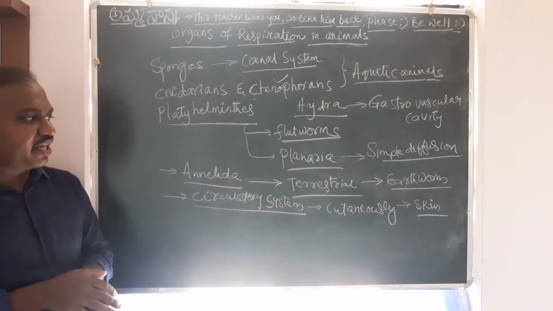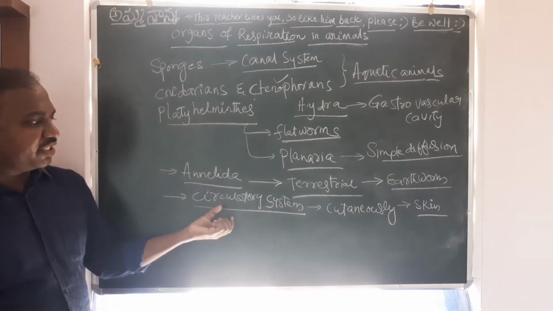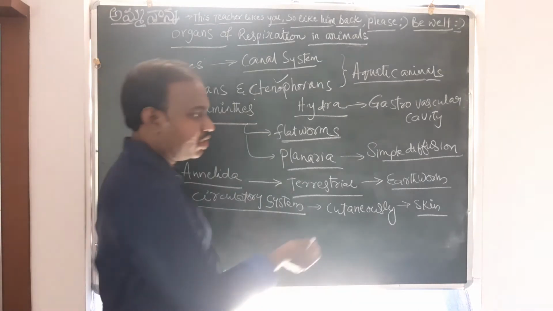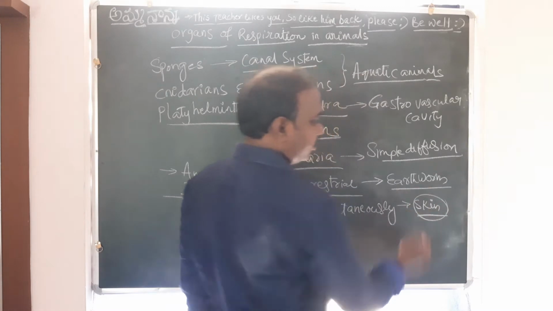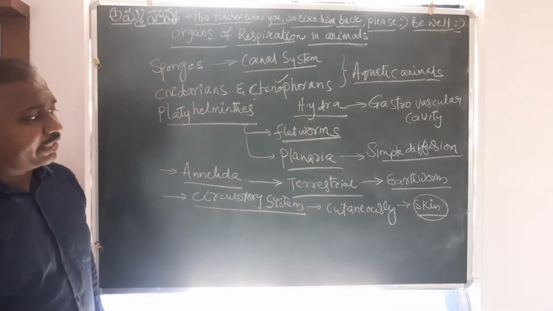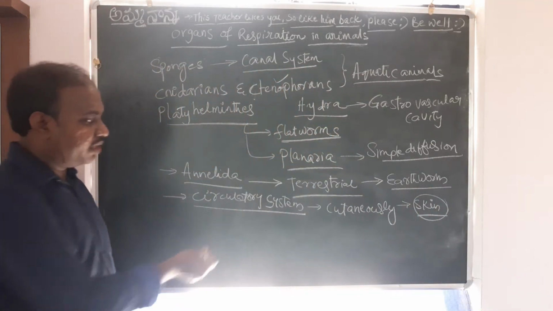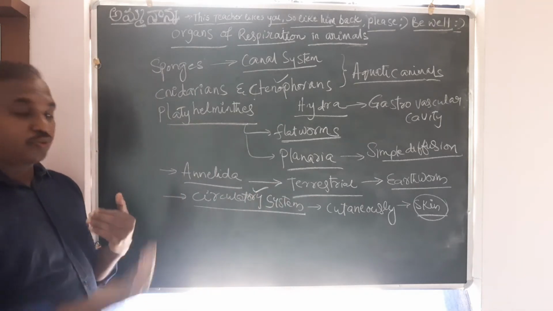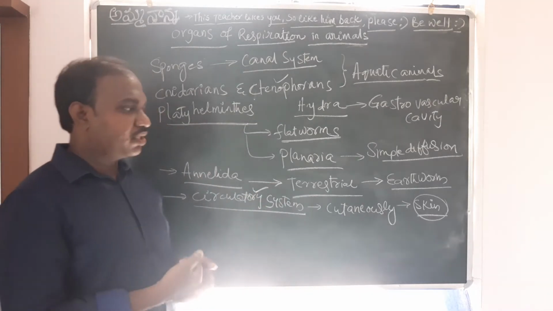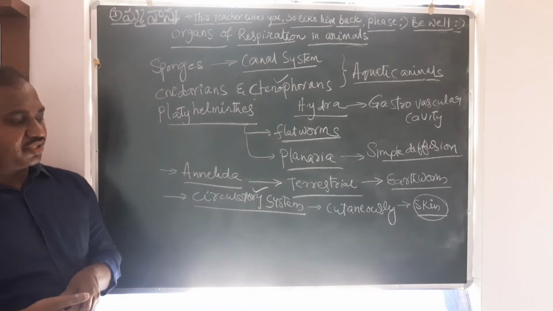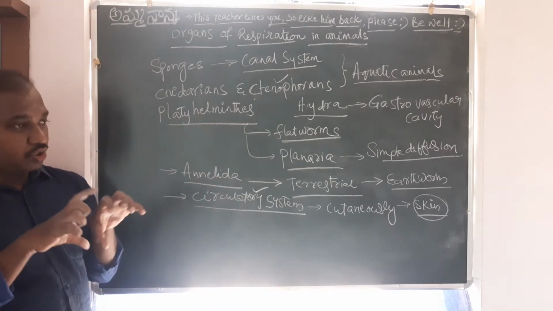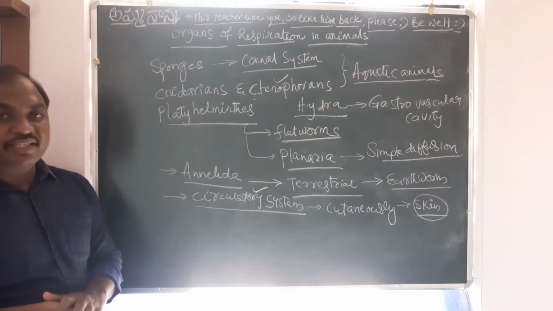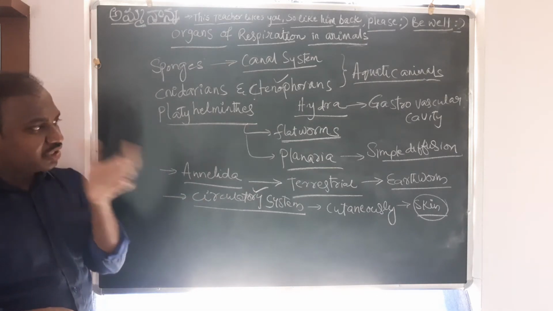So when CO2 is diffused here, it is collected by the circulatory system and transported. When studying earthworms in our first year classes, we have seen the different sorts of blood vessels present in Annelida groups of animals.